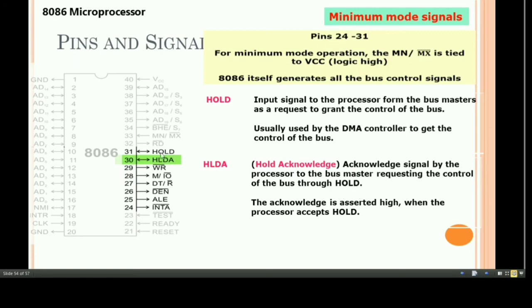So with the help of hold, the DMA controller can request for the bus access, and on pin number 30, the acknowledgement to that bus request is provided by the processor. This is also active high when the processor accepts the request. Means when the request on pin number 31 is accepted by 8086, 8086 makes pin number 30 active high.